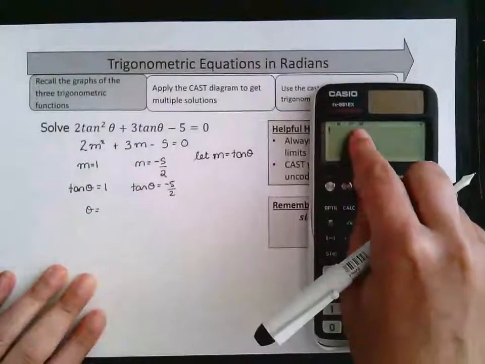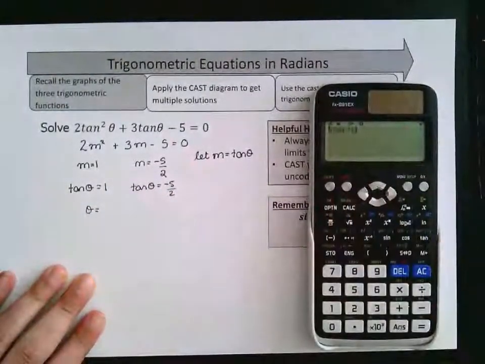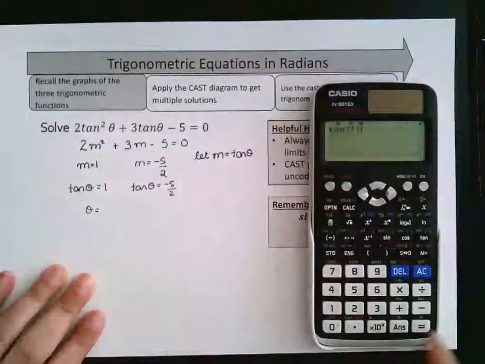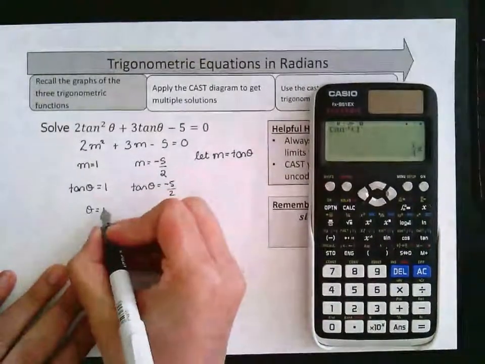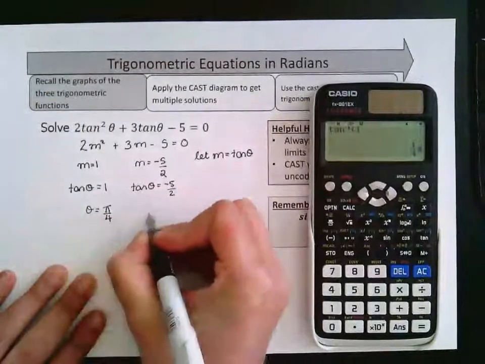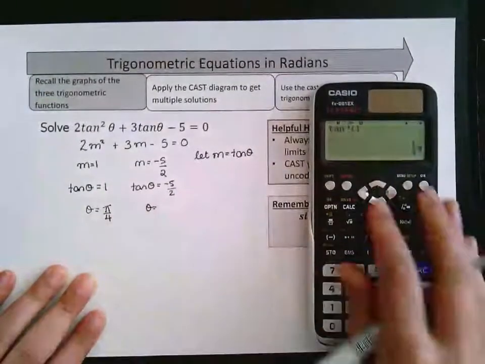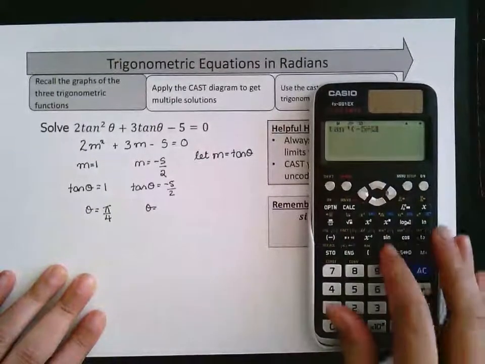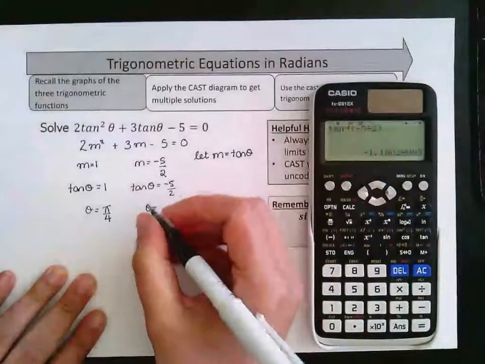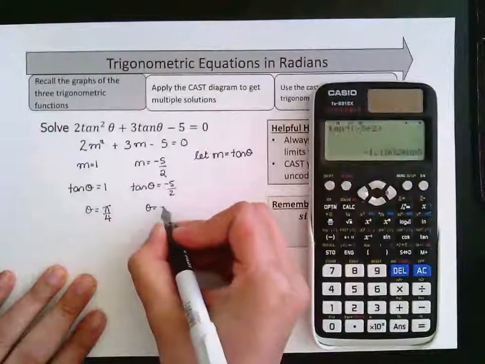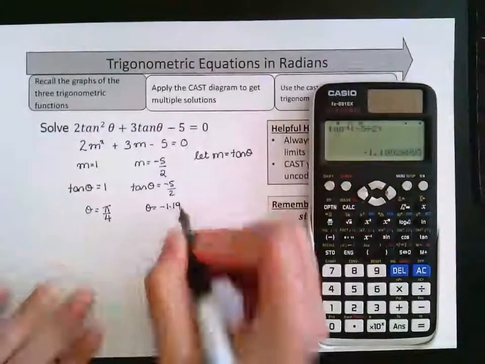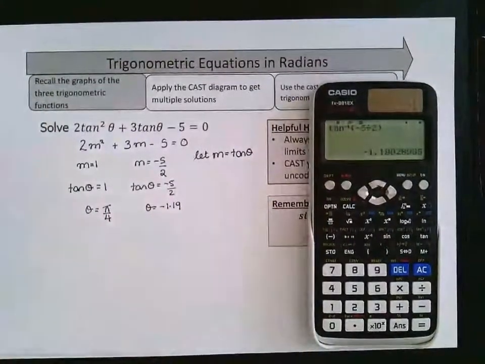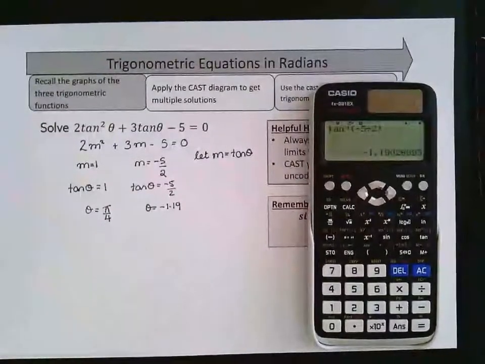Now I've checked, I'm in radian mode, so the inverse tan of 1 is pi over 4, and the inverse tan of minus 5 over 2 is minus 1.19. Now using both of these, we have to get solutions for both of them.